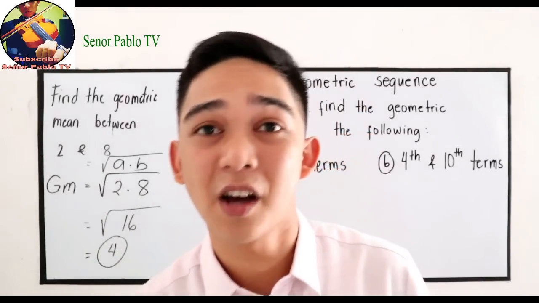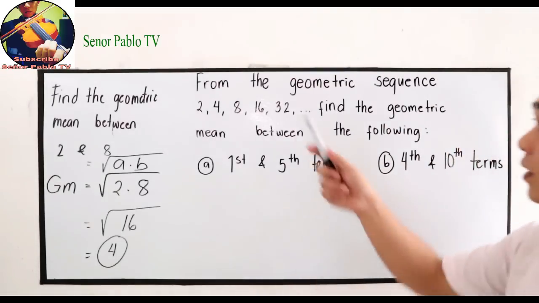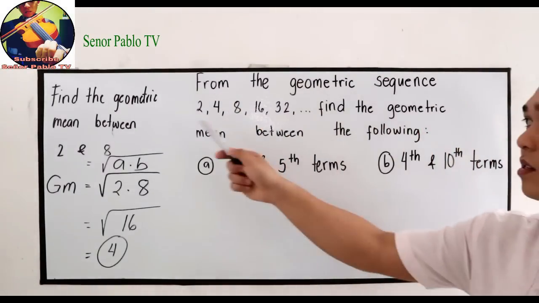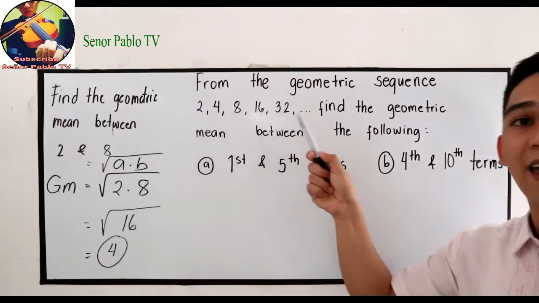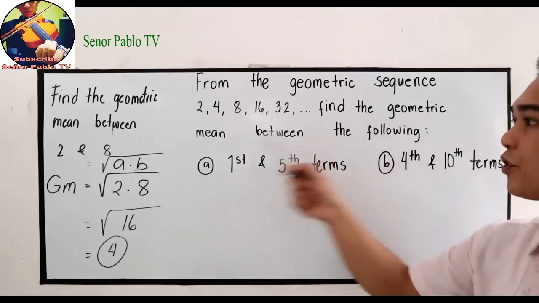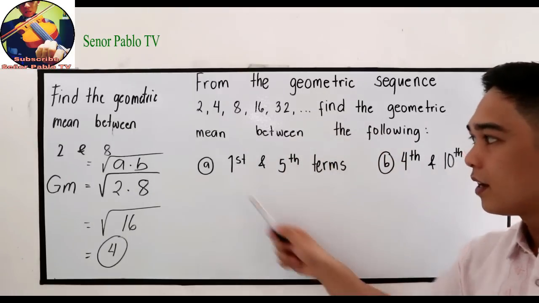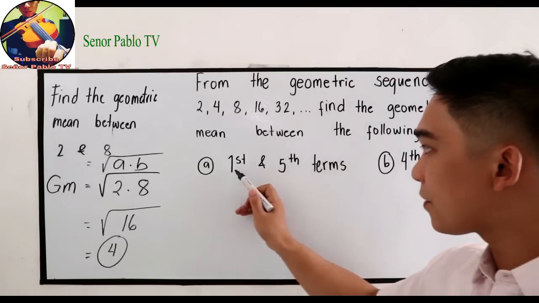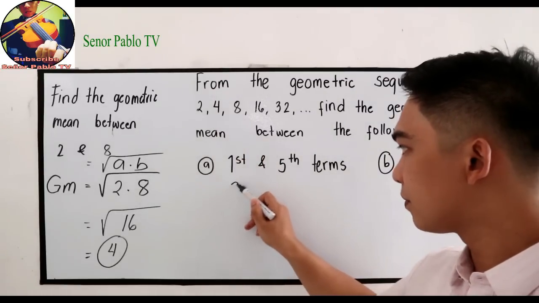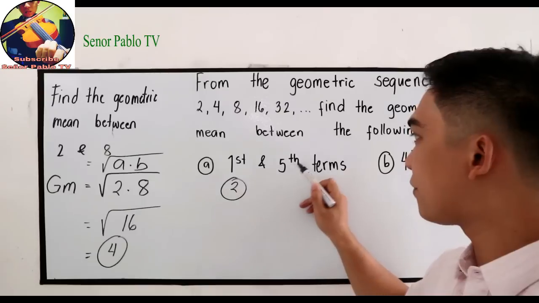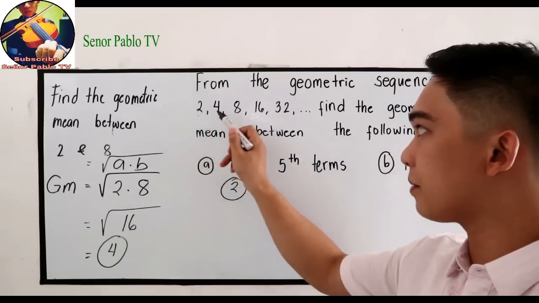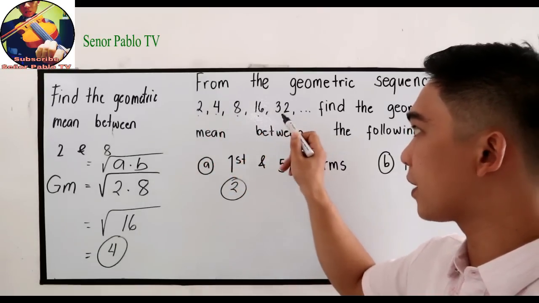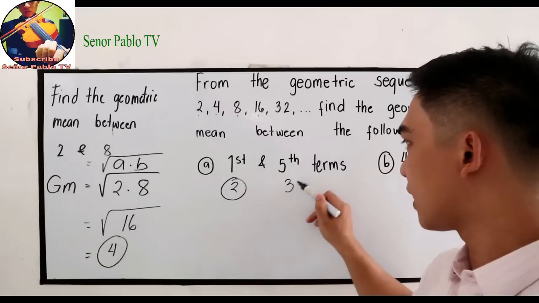Try natin other examples. From the geometric sequence 2, 4, 8, 16, and 32, find the geometric mean between the following first and fifth terms. So, nasan ba si first term? Yan ay 2. At si fifth term: first term, second term, third term, fourth term, and fifth term, 32.